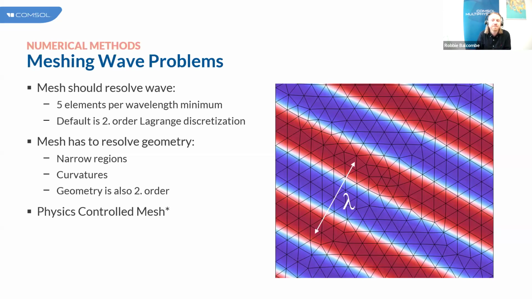So what we will tend to find is that we will reach a limit in terms of the computational resources that we have access to in terms of frequency, where we can use the finite element method or the boundary element method and simulate the acoustic problem as a wave problem. And this is why we have access to other numerical methods that will allow us to go beyond the limits of using finite elements or boundary elements and simulating our acoustic problem as a wave problem.